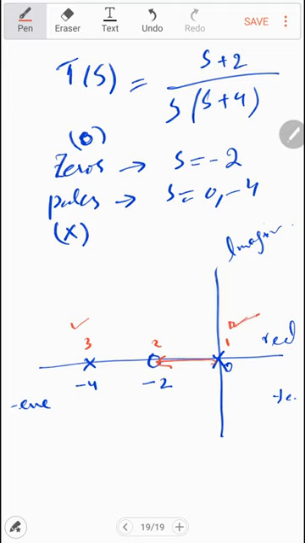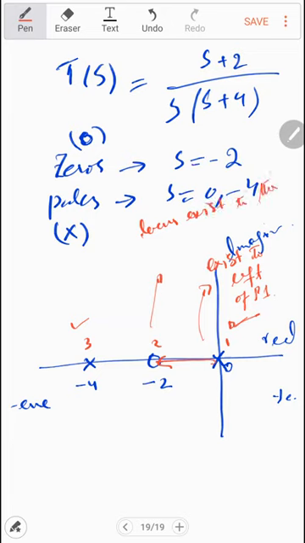So it exists to the left of pole 1, because it is odd. Zero is even, so we say that the locus exists to the right of the even pole or zero.